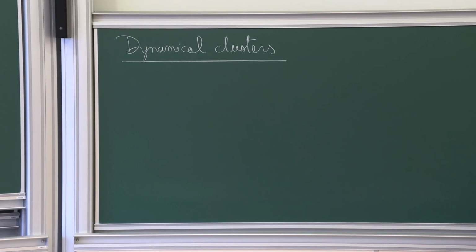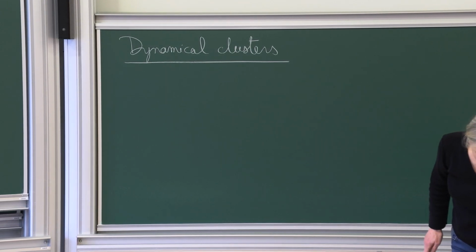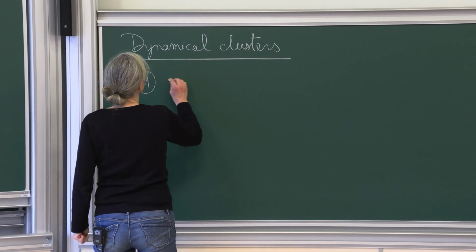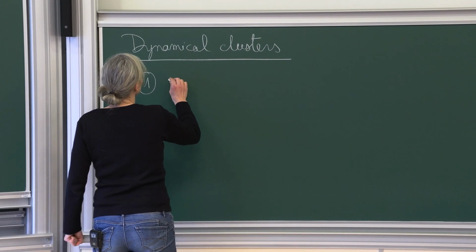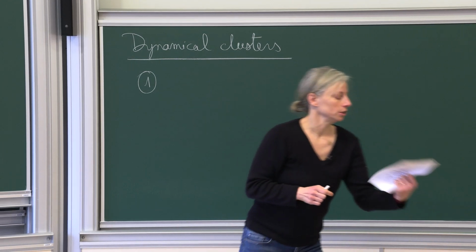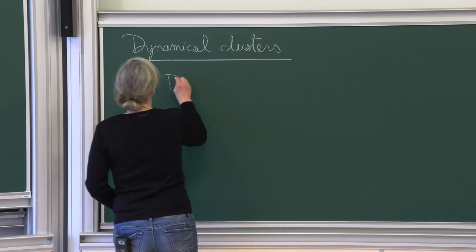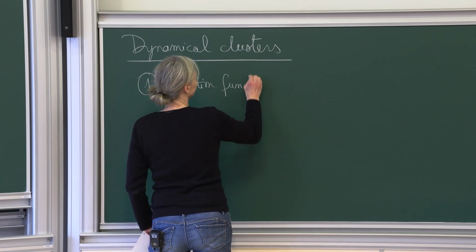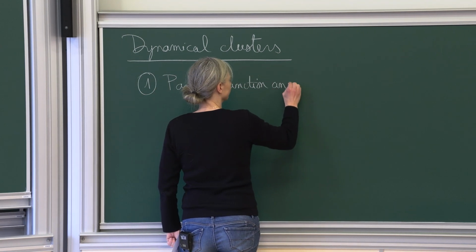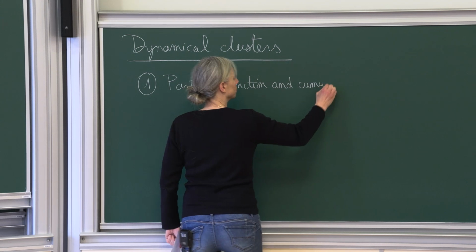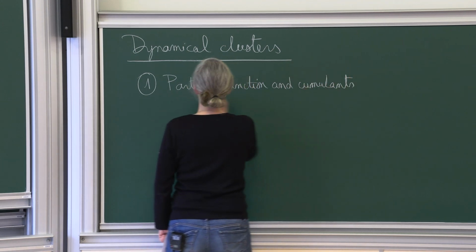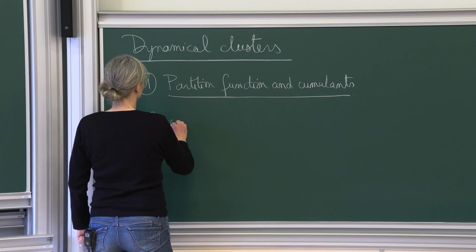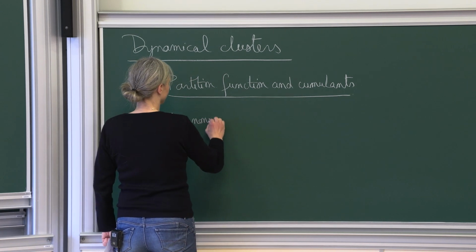And so I will just start with a few definitions. I will look at the partition function and cumulants. So I just recall the grand canonical measure at time 0.